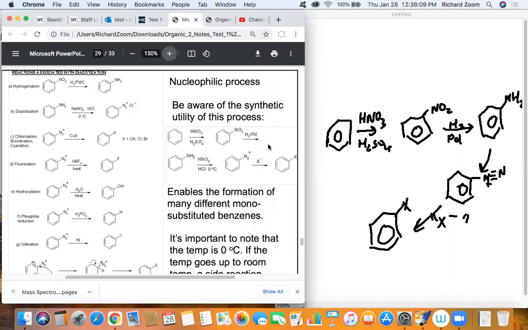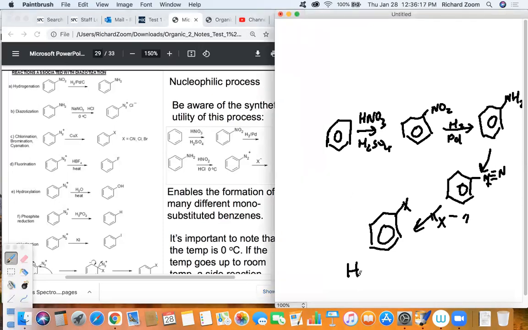The key part of this process is the diazidization process, which uses nitrous acid, HNO2, which is nitrous, not nitric, that's why it's HNO2 here, and it has to be at 0 degrees as well.